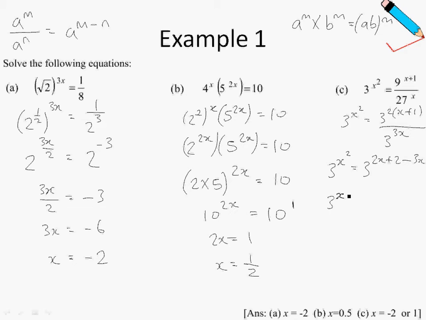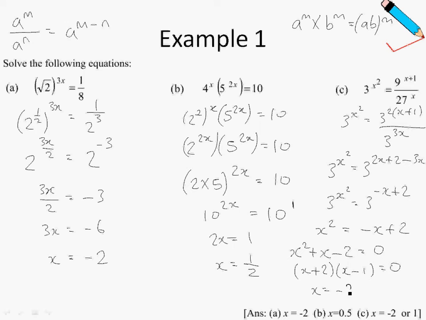Simplifying this, I get negative x plus 2, and I can conclude that x squared is equal to negative x plus 2. Shifting all the terms to the left hand side, I get this, and eventually I can factorize to obtain this. So I can conclude that x is negative 2 or positive 1.